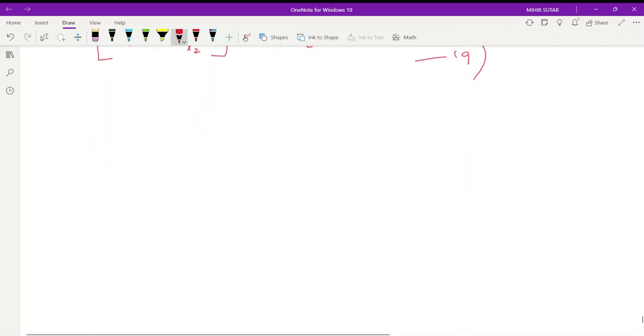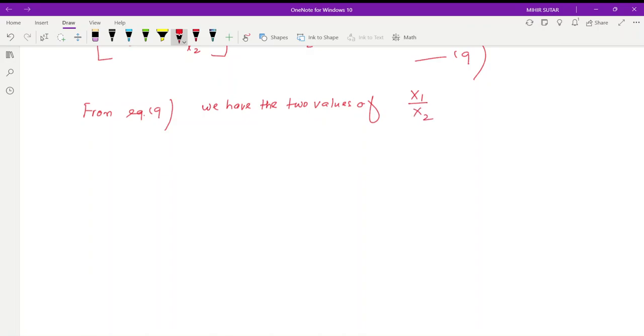Okay, so from equation 9, we have the two values of X1 by X2.